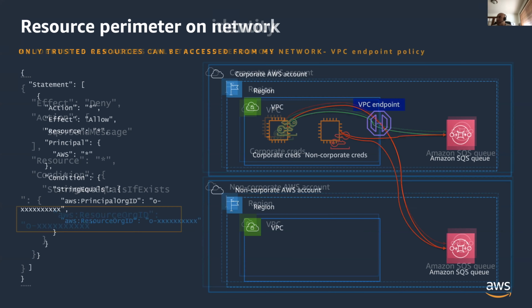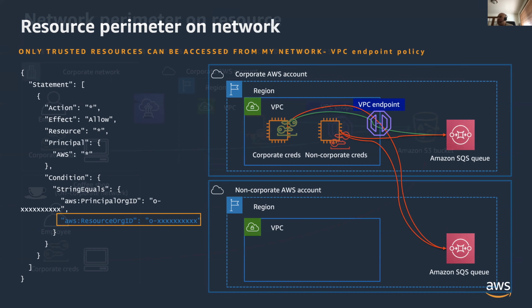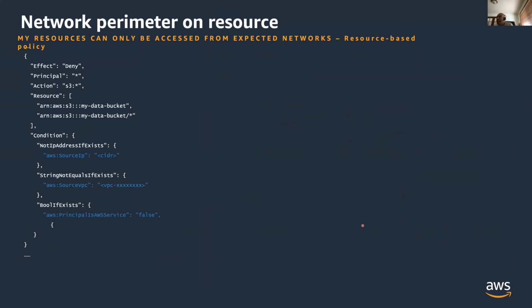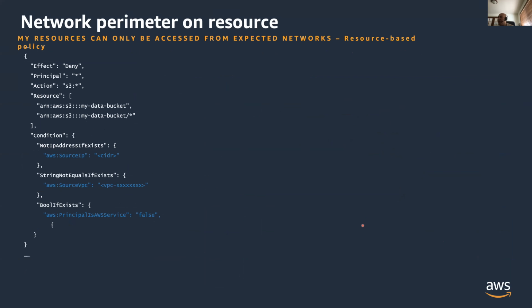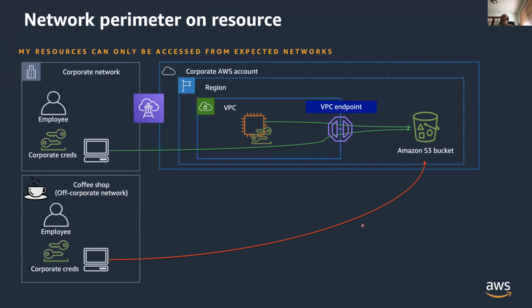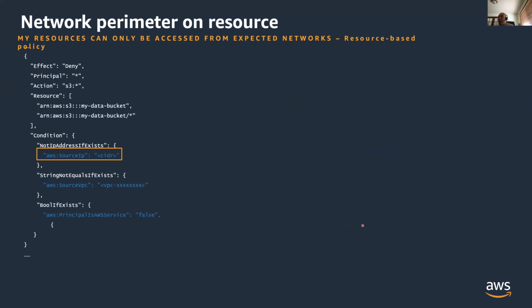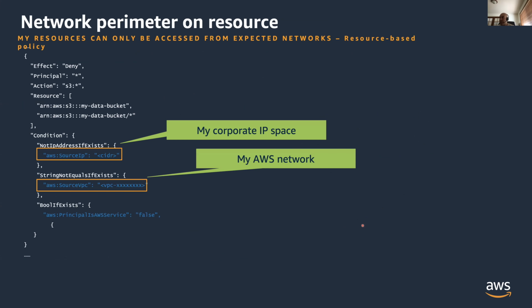I will skip the others for the sake of time, but all of those are some examples of what we can do on the network. This one says that if I'm accessing from our own corporate network, it will be allowed. If I'm trying to access from a coffee shop, it will be denied because it needs to come from our own CIDR, our own list of approved IPs, or our own network.